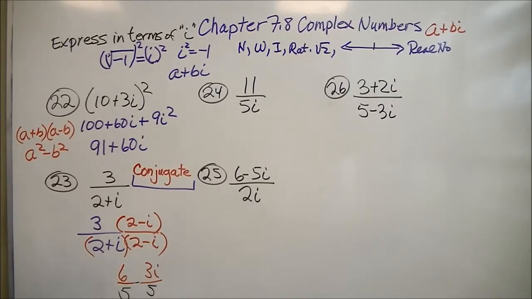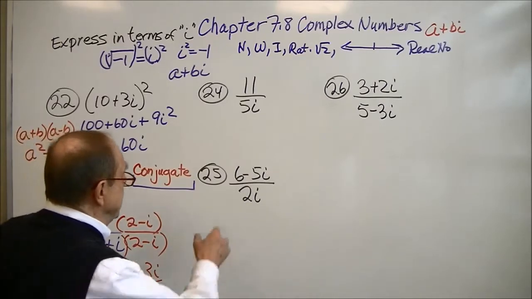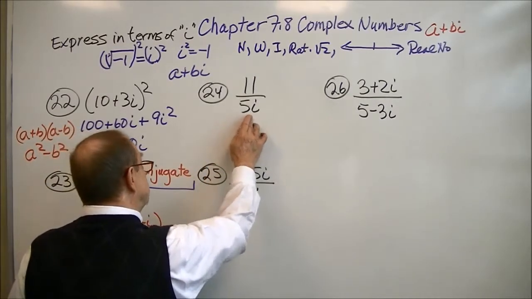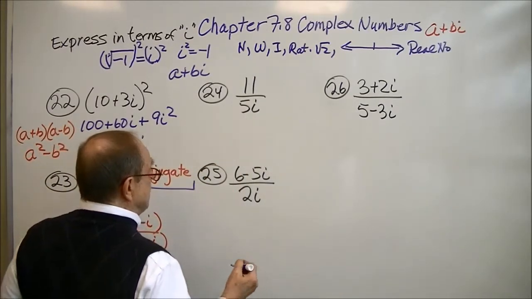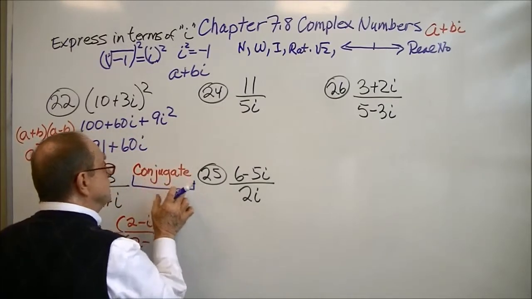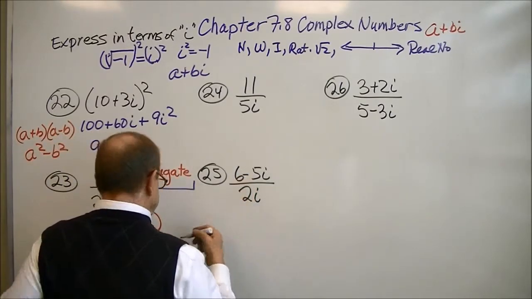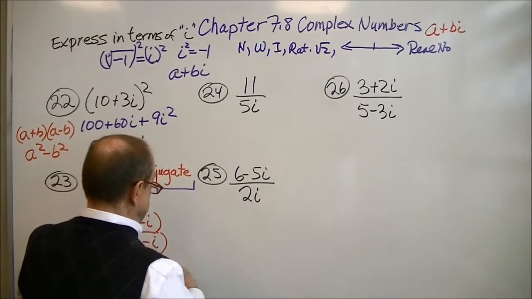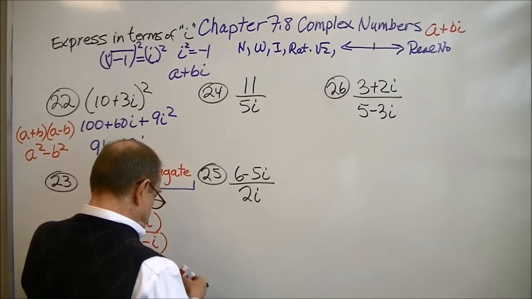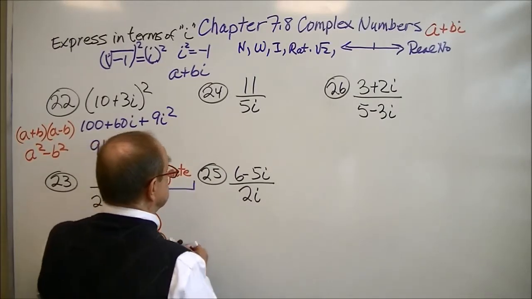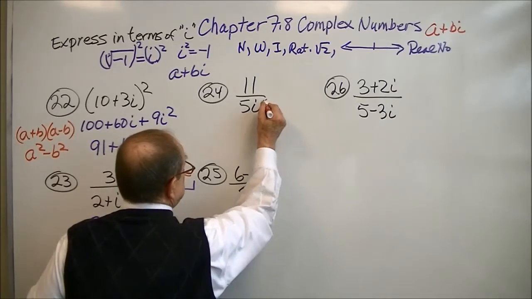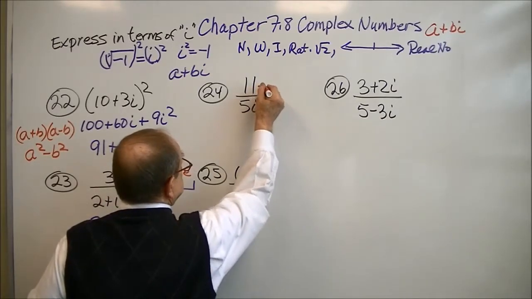So let's go on to number 24. Again, there's an imaginary number in the denominator. So here we're going to modify the conjugate just a little bit, and instead of multiplying it by a big number, we're going to use a small number. We're just going to say multiply it by a negative i.